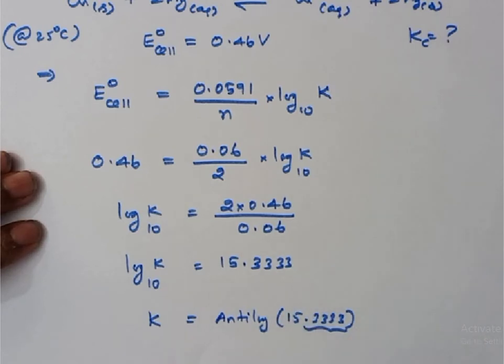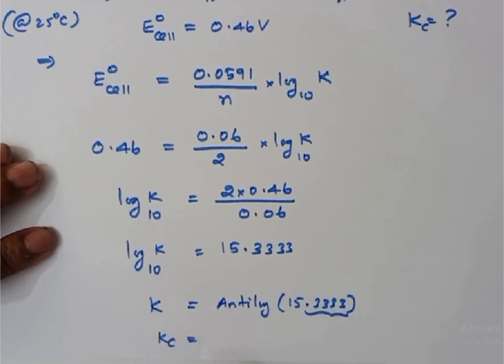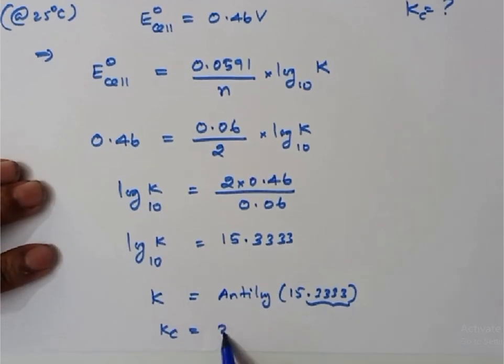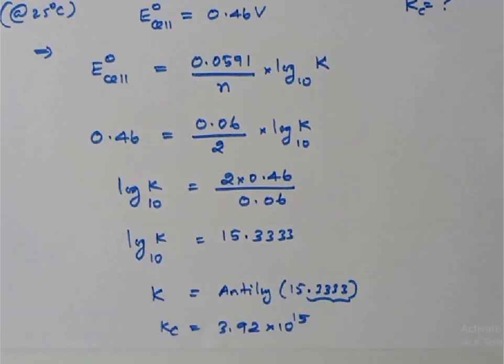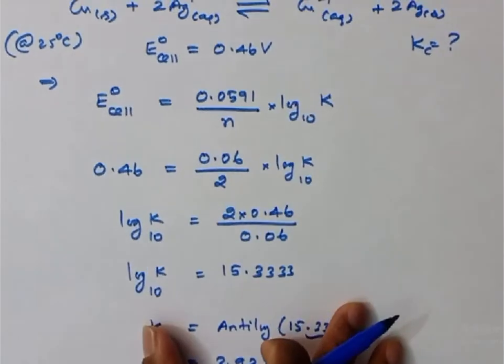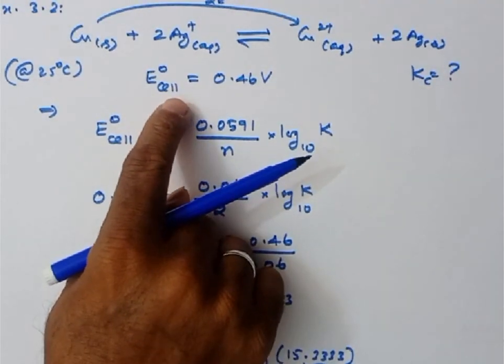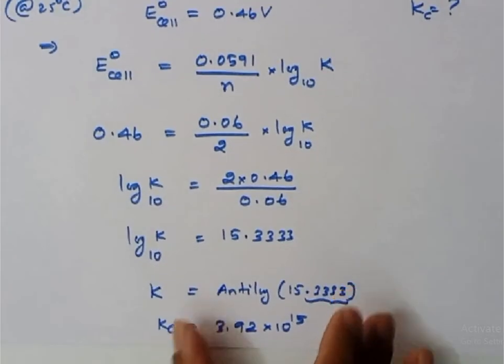The value obtained here is 3.92 into 10 to the power 15. Take note, this is the equilibrium constant for this reaction. So if you know the standard cell potential value, you can calculate the equilibrium constant for the reaction.